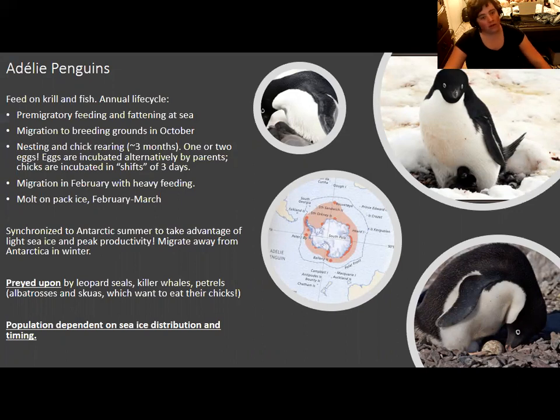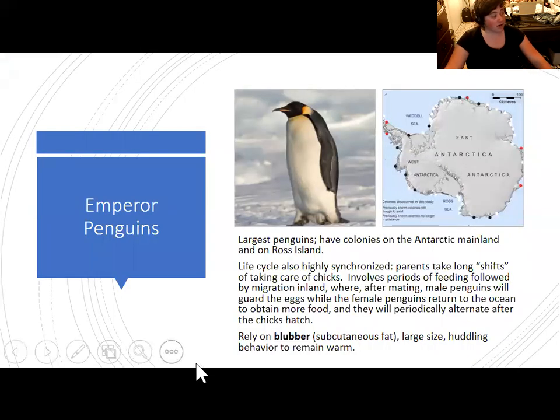Whereas the emperor penguin have adapted so that they actually breed during the winter. And we'll talk about this, but this is the subject of March of the Penguins. March of the Penguins focuses on why emperor penguins overwinter in Antarctica on the mainland or on Ross Island, because they're really the only species to do this.